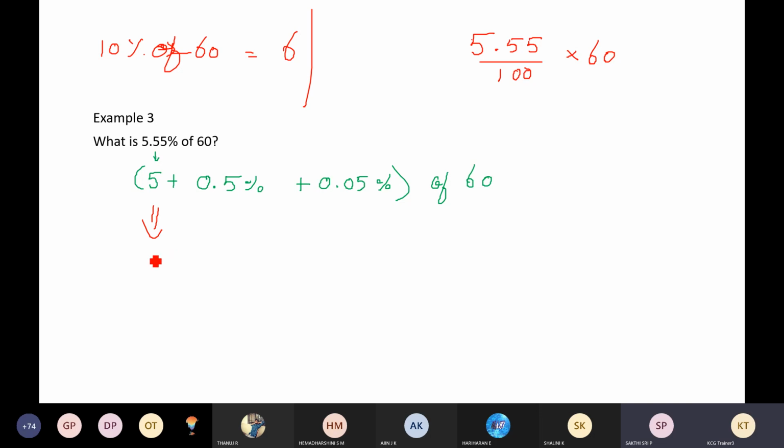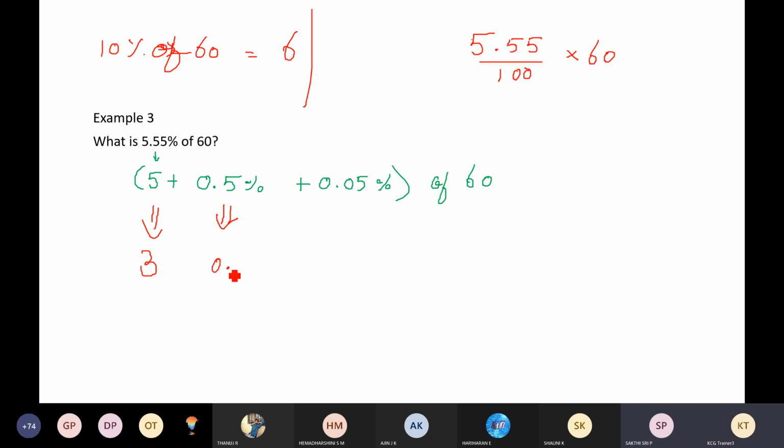Okay, so this would be 3. What is 0.5% of 60? See, 5% is 3. What is 0.5%? Very good, superb.